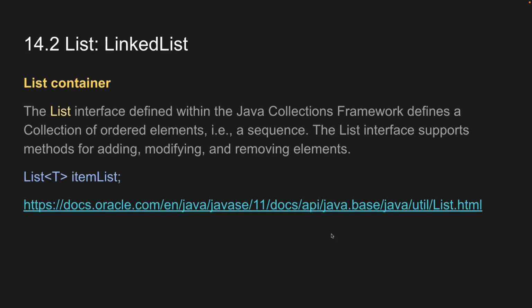So when we're thinking about the enhanced for loop, we're usually using some type of collection. And the most basic of collections is a list container. Now we've already talked about the array list, and Java provides in its collections framework a number of different types of ordering elements that you can use.